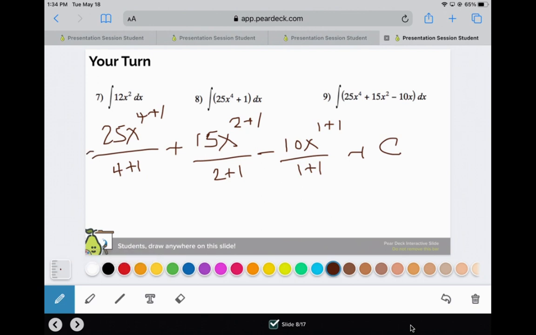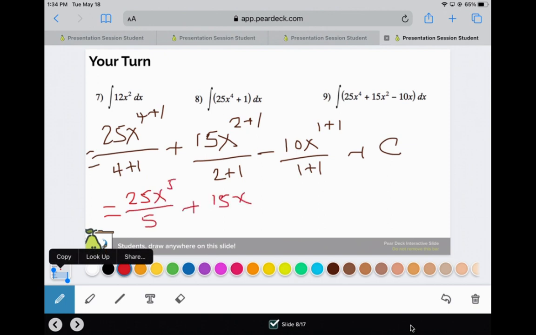So now we're just going to simplify: 25x to the fifth divided by 5, plus 15x to the third divided by 3, minus 10x to the second over 2, plus C. And for the fractions, if we can simplify them, we should.